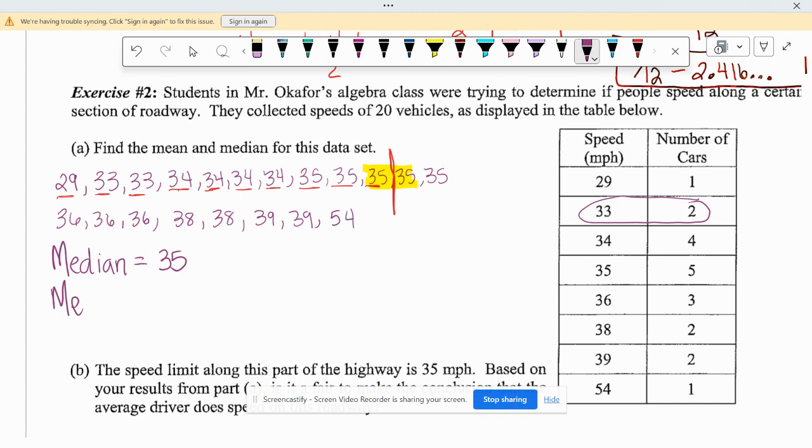To find the mean, I took in my calculator 29 plus 2 times 33 plus 4 times 34 plus, do you guys see where I'm multiplying 5 times 35? What am I going to do next? Plus what?